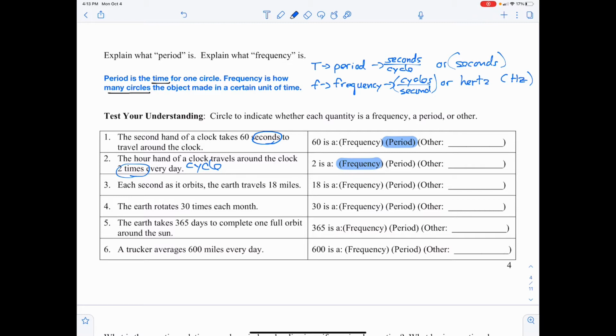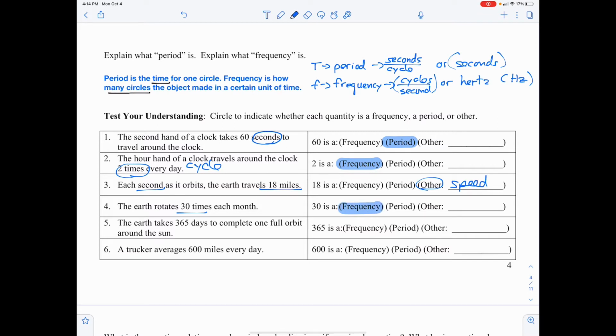Number 3, each second as it orbits, the Earth travels 18 miles. Well, if you're talking about distance traveled in a certain time, that's neither frequency nor period. That would be speed. Number 4, the Earth rotates 30 times each month.